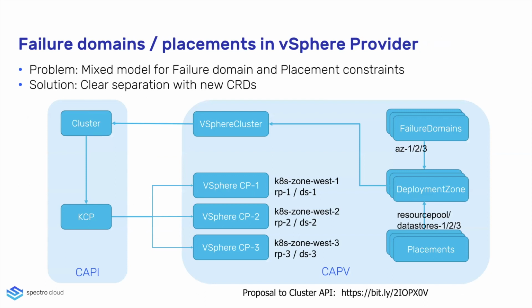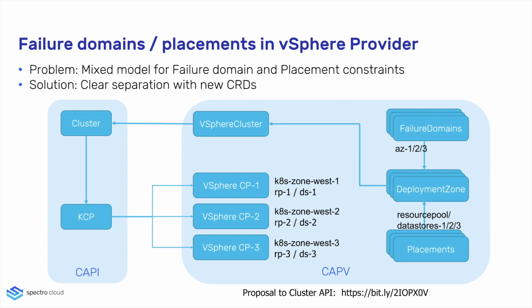For the second challenge, the placement, like I mentioned earlier, right? In vSphere, the different fault domains will have different placement properties. So you cannot provide one VM template and place that VM into different fault domains without changing the placement properties.